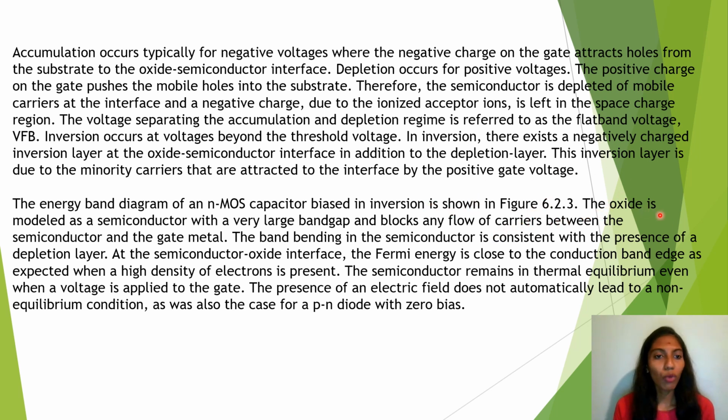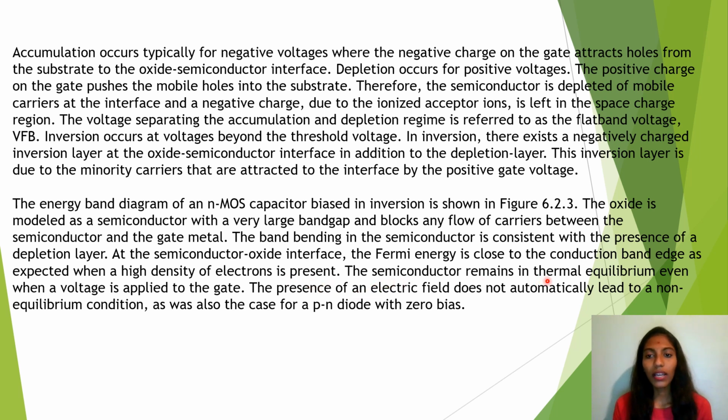The oxide is modeled as a semiconductor with a large band gap and blocks any flow of carriers or charges between the semiconductor and the gate metal. The band bending in the semiconductor is consistent with the presence of a depletion layer, and at the semiconductor oxide interface, the Fermi energy is close to the conduction band edge, as expected when a high density of electrons is present.